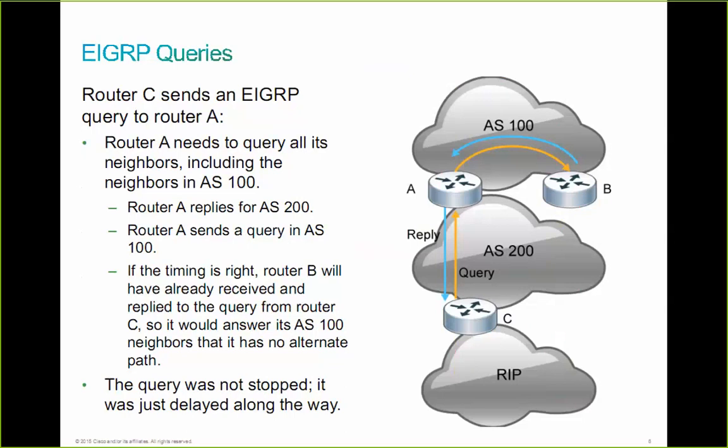So it's going to query its neighbor in AS100 for the missing routes. And then of course those routers themselves are going to have to query their neighbors as well. All right. Why would this take place? Why would a query even take place in this case?